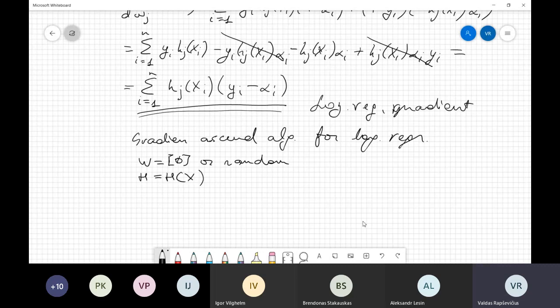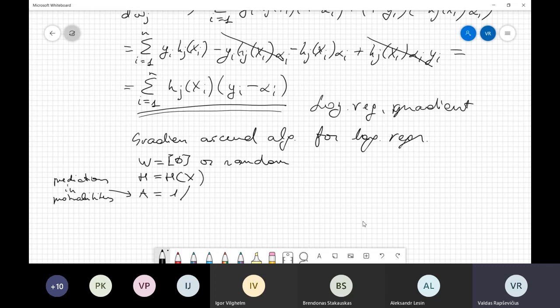Okay, now let's put some kind of variable for the vector of predictions. So let's put A. These are the predictions in probabilities, not 1 and 0, but the probabilities.